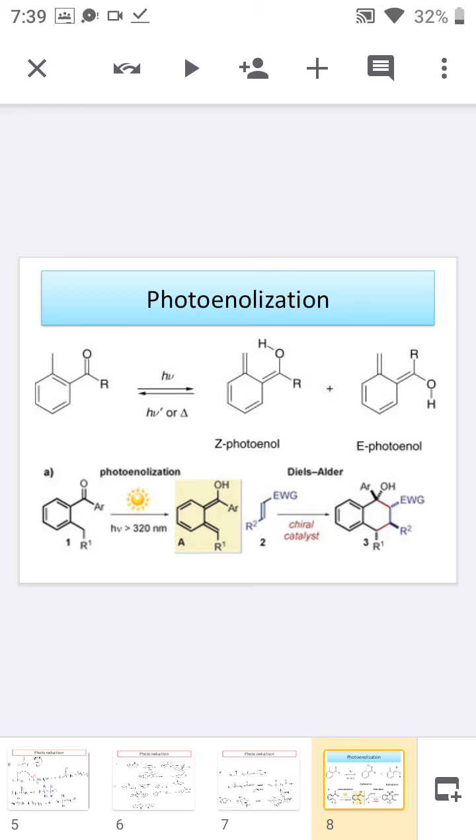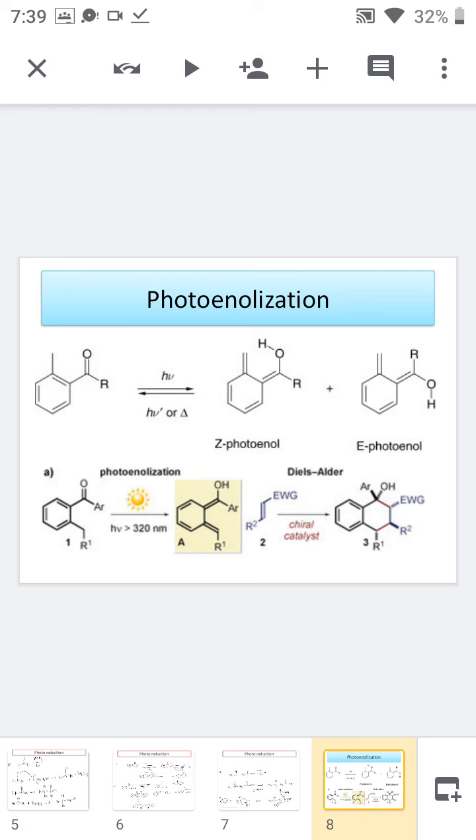Okay, so the two different types of enolate form an alkene in the same molecule itself. And the alkene may be of two different types, that is Z photoenol or E photoenol.